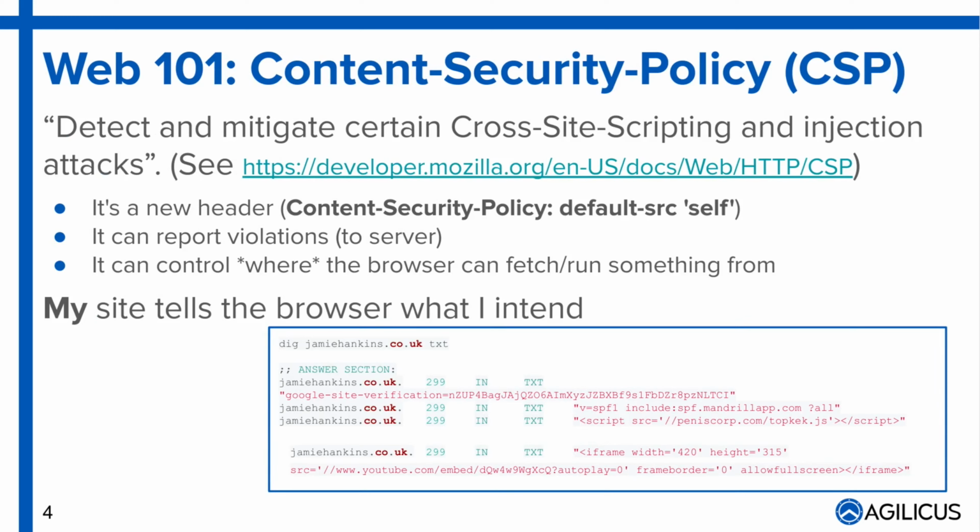So, content security policy. This is actually both very simple and very complex at the same time. So, imagine that you have a site that you've created, and you've got a couple of images, you've got a couple of fonts, you've got some CSS, you've got a little bit of JavaScript. Almost immediately, any non-trivial site, some of those things will be fetched from third parties, from CDNs.